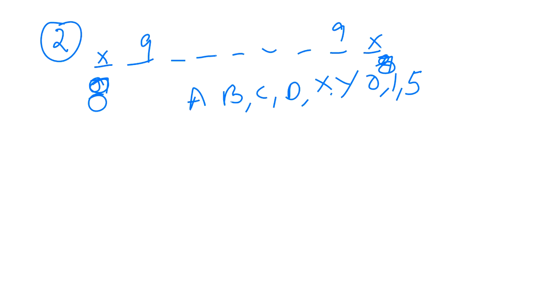That means I don't want to allow this as well. 1, 2, 3, 4, 5, 6, 7, 8. I don't want to end with 1. So I don't want this also to be there as part of my answer.